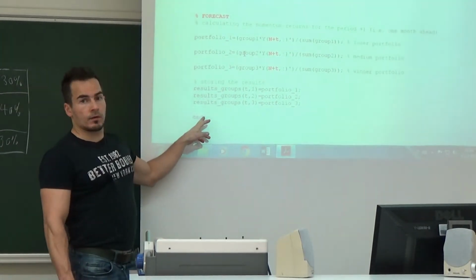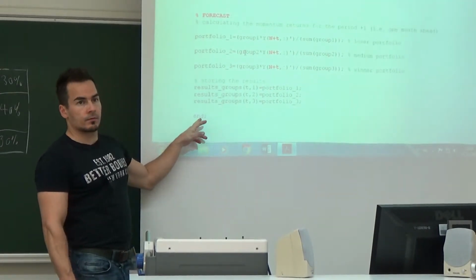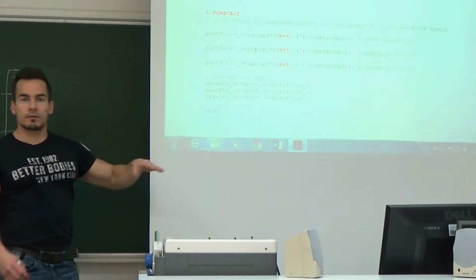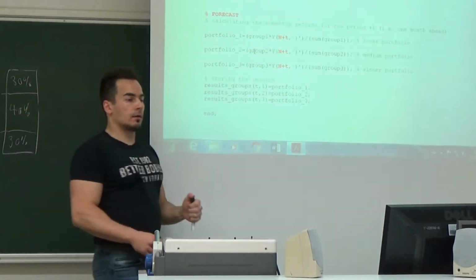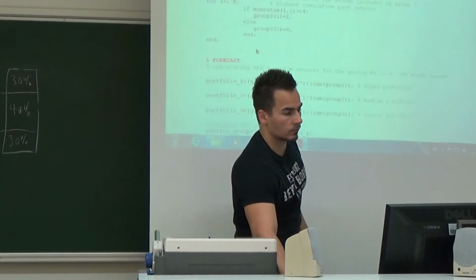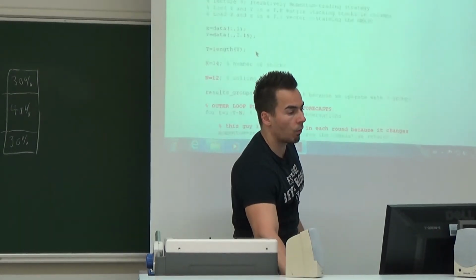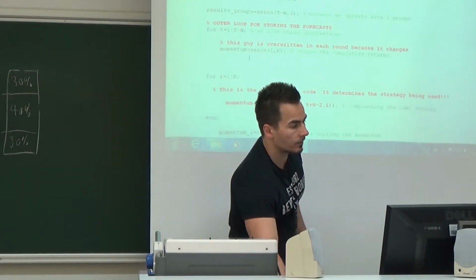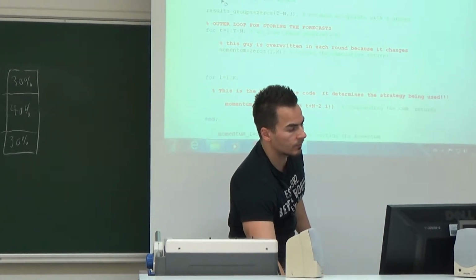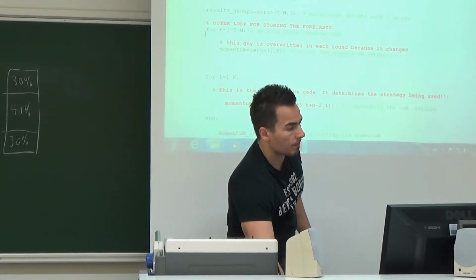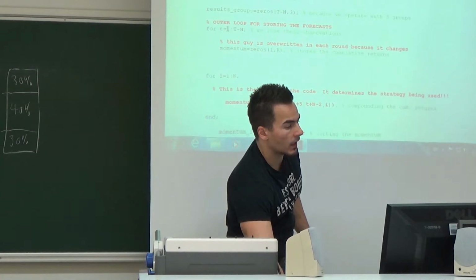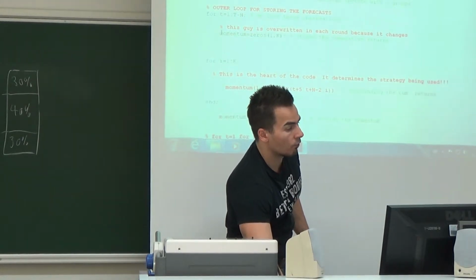Yeah. And then the outer loop ends here. So, and now we go to the next iteration. Then T jumps to 2. So now everything moves one month ahead. N doesn't change, obviously, that's constant. So then here, T, we are now at 2. So, and this is overwritten here.